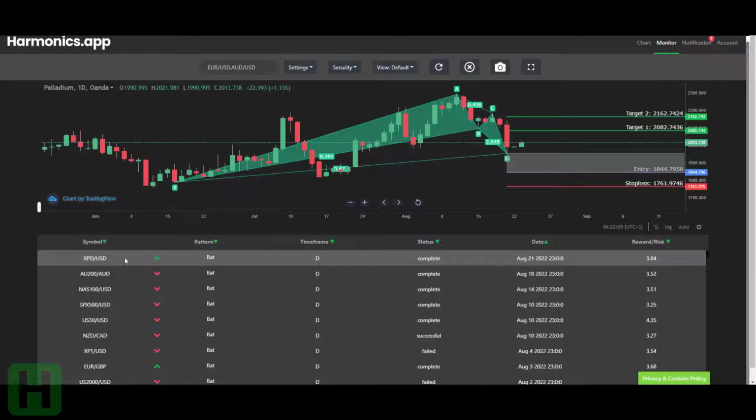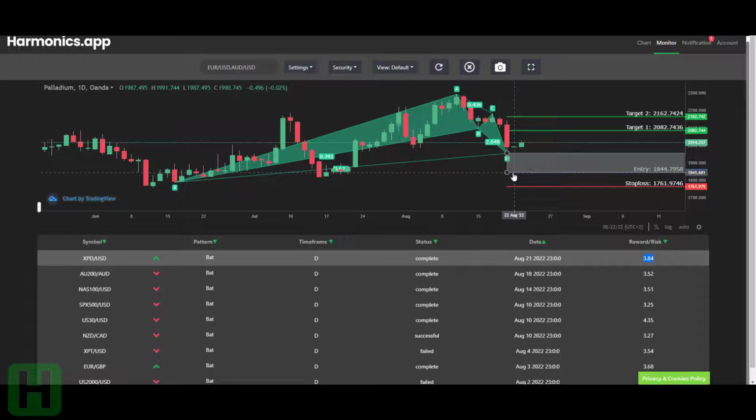When you check this row, you have important data. One of the most important is this risk to reward ratio. The risk to reward ratio represents how many percent or pips you risk and how many you will gain. 3.84 applies when the price is at this level, that means 1844.